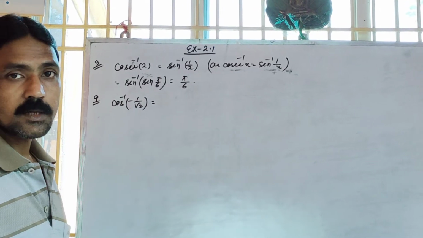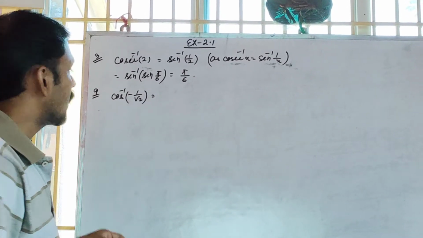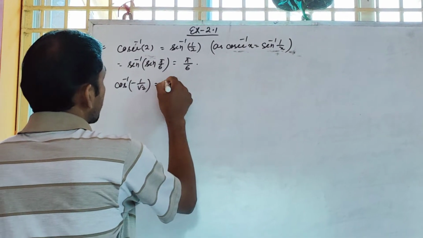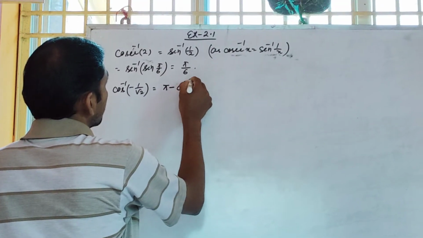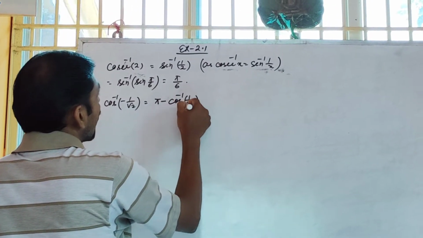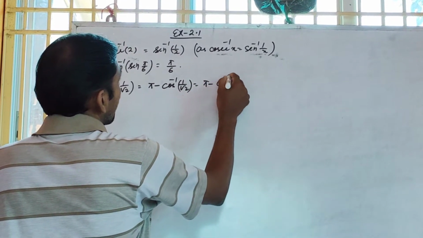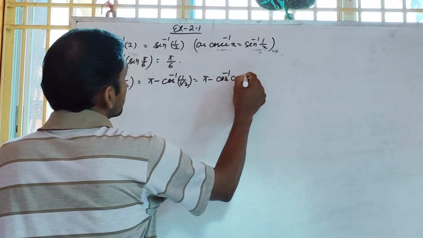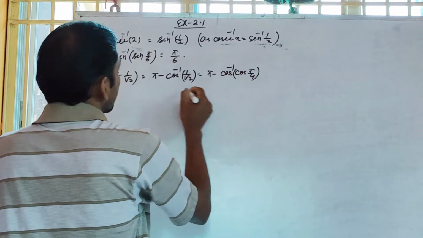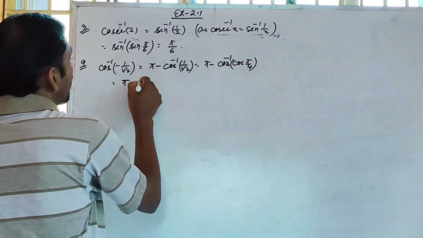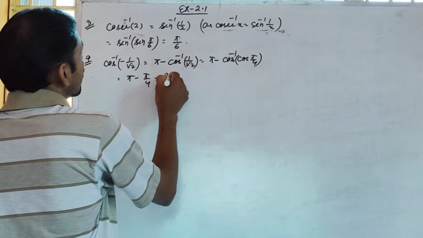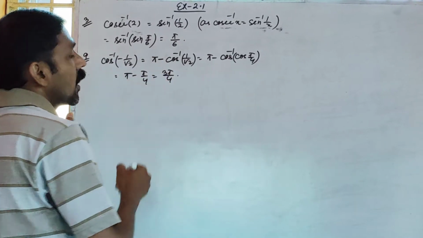Cos inverse minus x is pi minus cos inverse x. So you can write it as pi minus cos inverse 1 by root 2, and cos inverse 1 by root 2 is pi by 4. So this is pi minus pi by 4, that is 3 pi by 4.